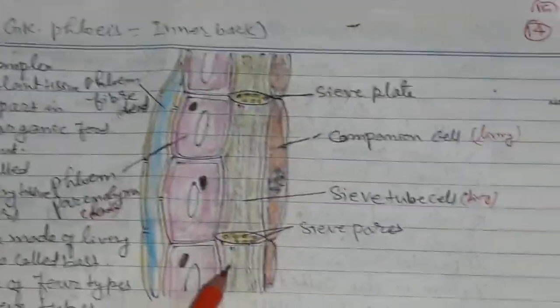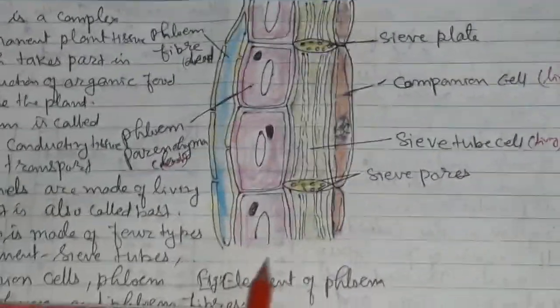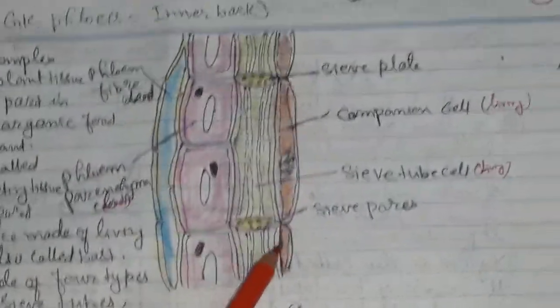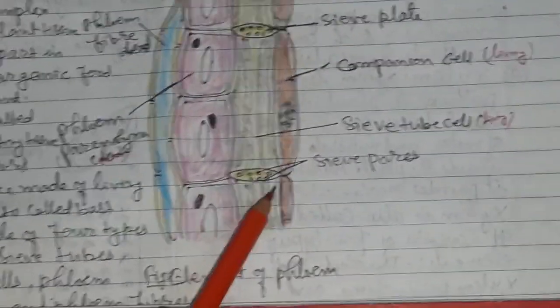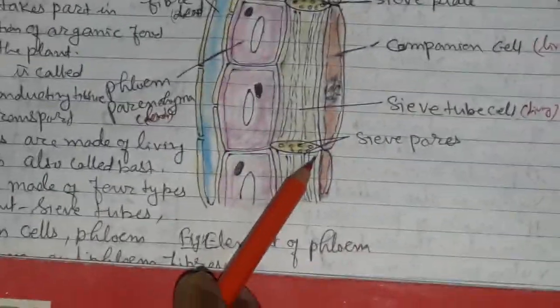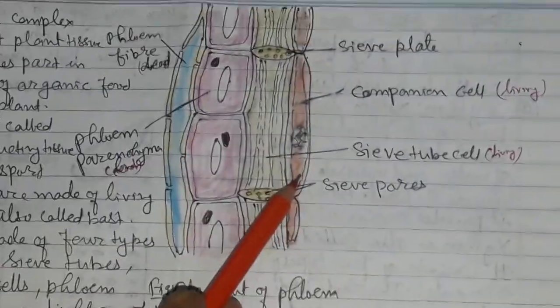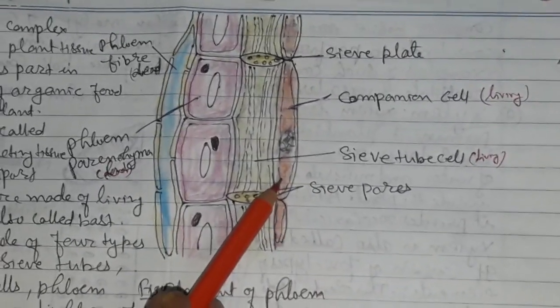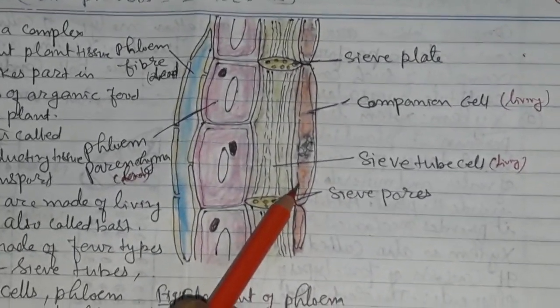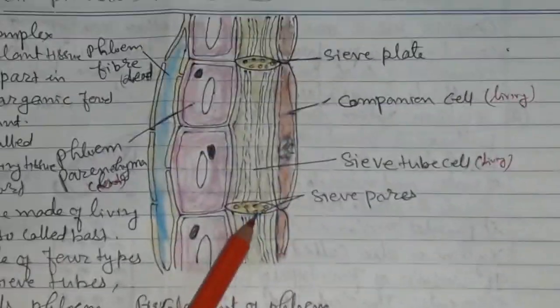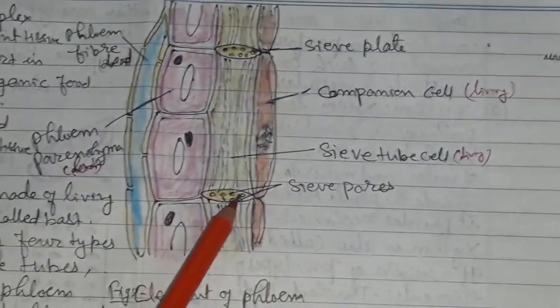Next is the companion cells. This is the diagram of the companion cells, and they are thin-walled cells which lie on the side of the sieve tube cells. सिव ट्यूब सेल्स के साइड में. Companion cells are connected to the sieve tube cells through the compound plasmodesmata.